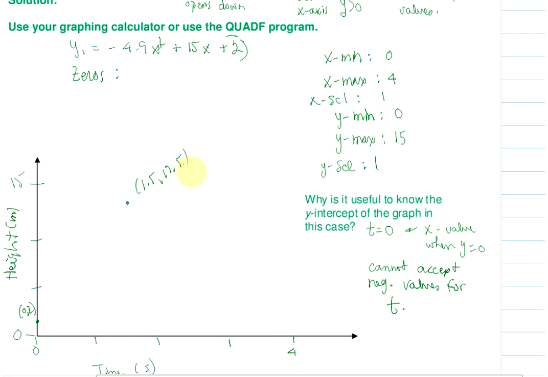And when you find your 0, you should have a 0 at 3.2. And if you have any of your negative x values showing up over here, you'd have another 0 at negative 0.1 and 0. But you know that you would discard that one, right? Because you can't have negative times, so that one is out.